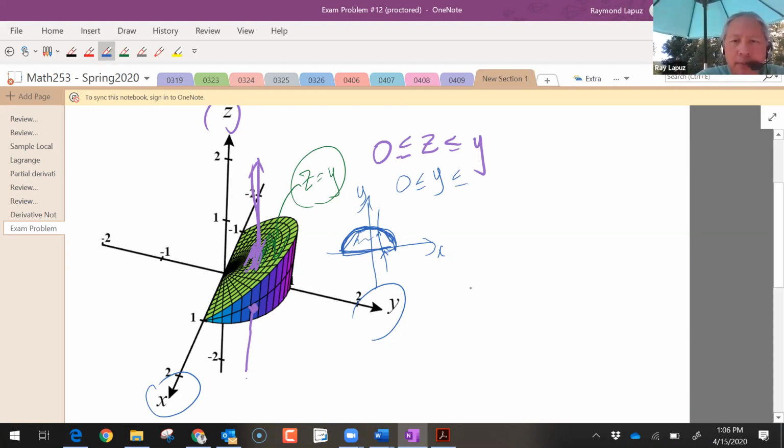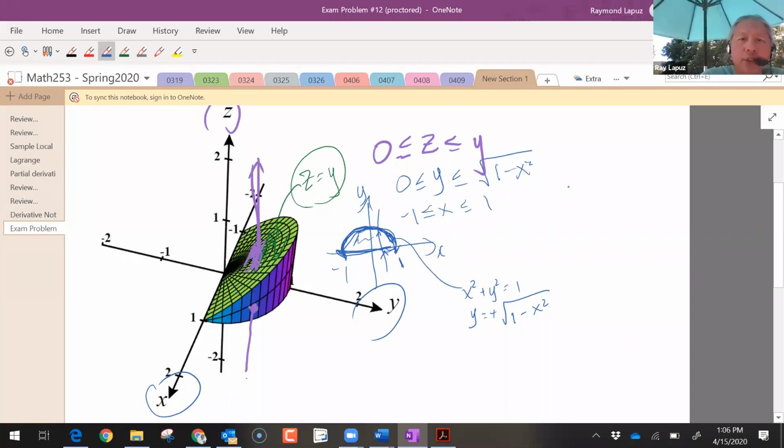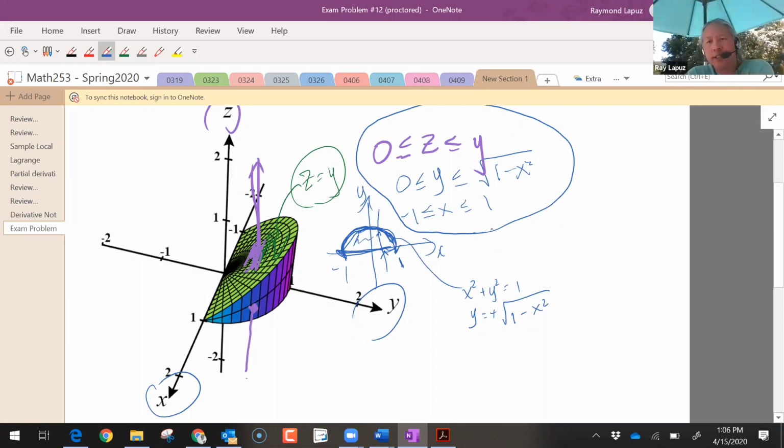This top part of the circle, you need to write in terms of y, and then decide whether it's positive or negative. Since this is on the top part, it must be the positive portion. So that's going to be your limit, the positive square root of 1 minus x squared. And then x will be constants, and you have to remember that this starts from -1 to +1. So this would be one set of limits that you can choose.